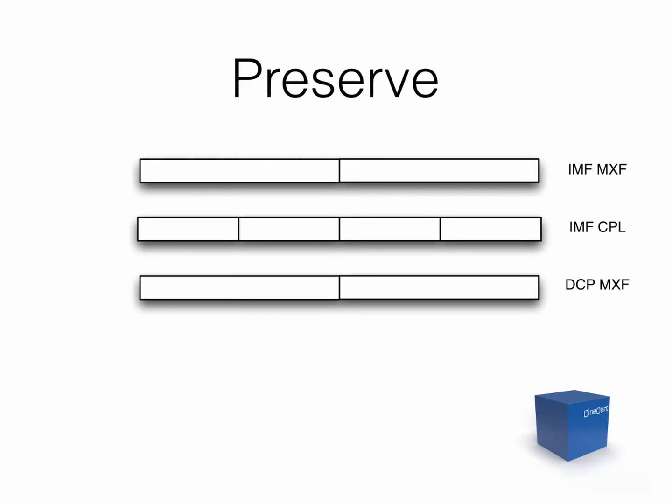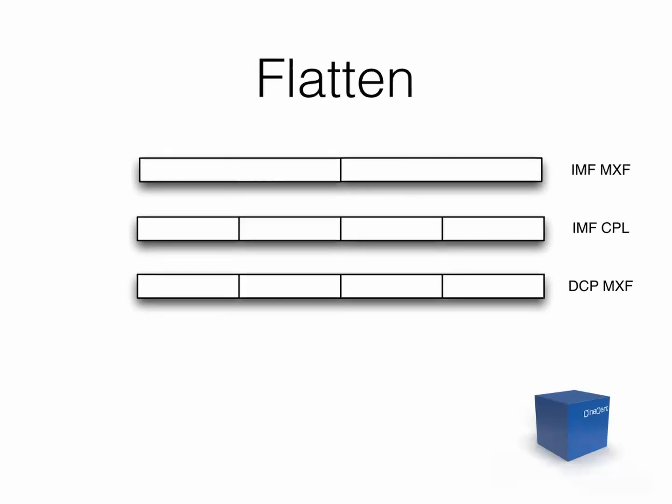What happens here is that the MXF files in the DCP world contain the same edit units as the MXF files in the IMF world. And so the DCP CPL is going to have to do whatever it needs to do in order to access those edit units. This contrasts with Flatten, where there is a DCP MXF file for every segment in the IMF CPL, and the edit units are just drawn into those.